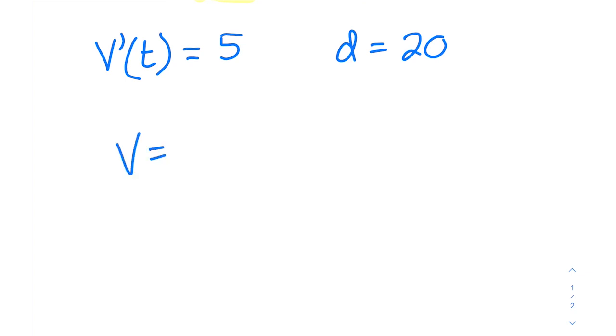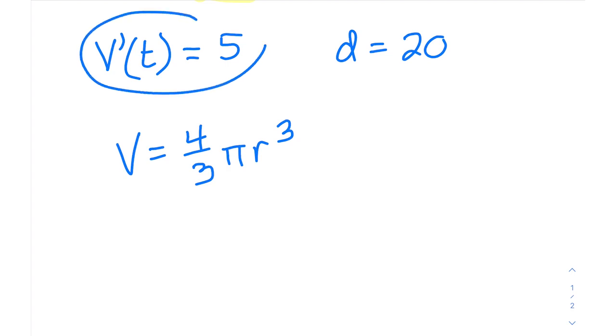Hopefully we remember that the formula for the volume of a sphere is 4/3 pi r cubed. When we take the derivative of that, we set it equal to 5, because the derivative of that equation is going to give us our value of 5, which is the change in volume per minute as we pump air into this balloon.